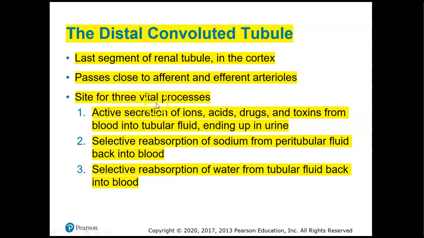And there are three vital processes that occur in the DCT. One is active secretion of ions, acids, drugs, and toxins. Secretion means this is stuff that didn't get filtered out the first time, so it's from the blood into the tubular fluid. It ends up in the urine if it's secretion. Reabsorption means it ends up in the blood.